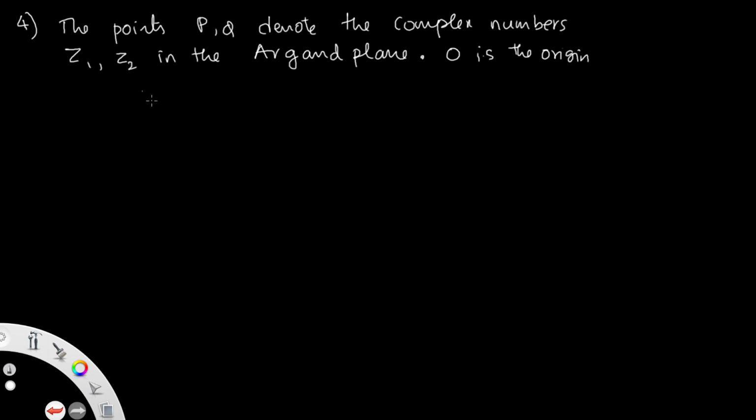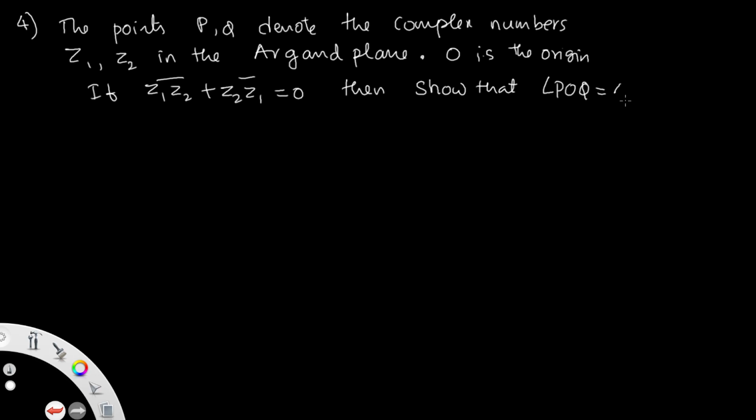If Z1 Z2 bar plus Z2 Z1 bar equal to 0, then show that angle POQ equal to 90 degrees.